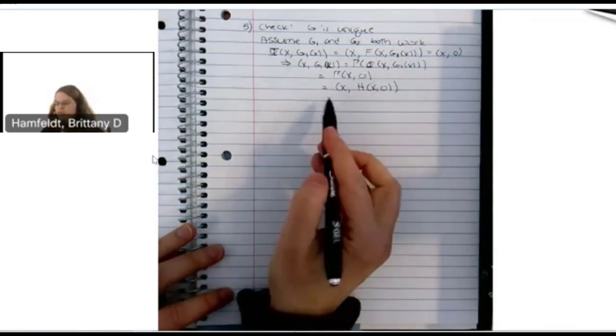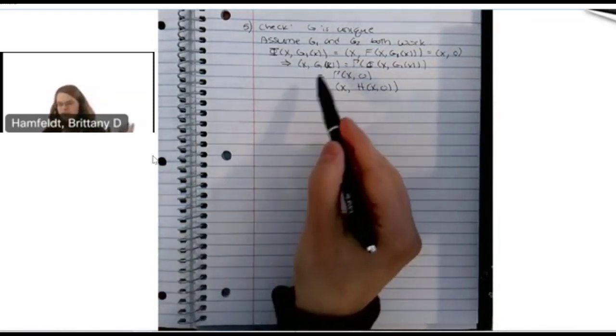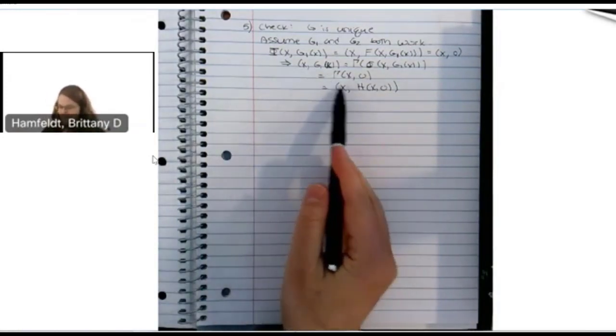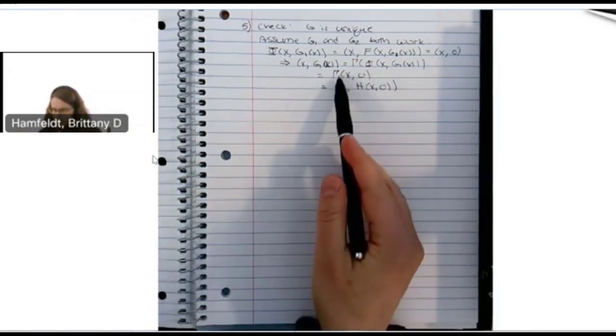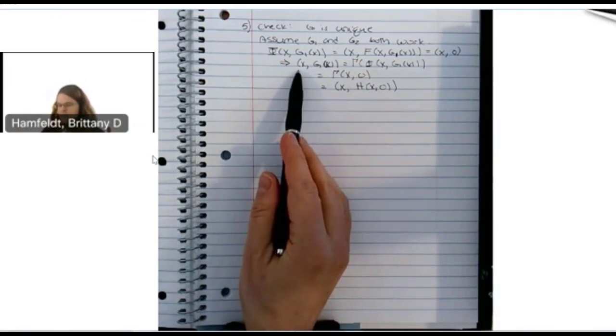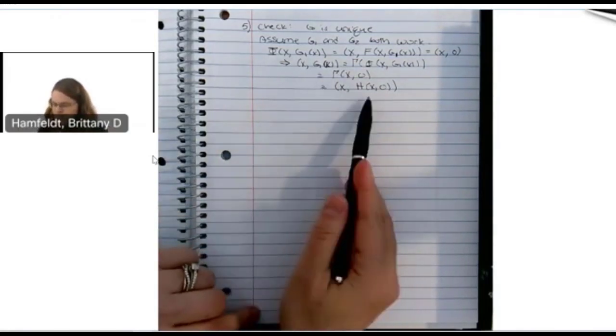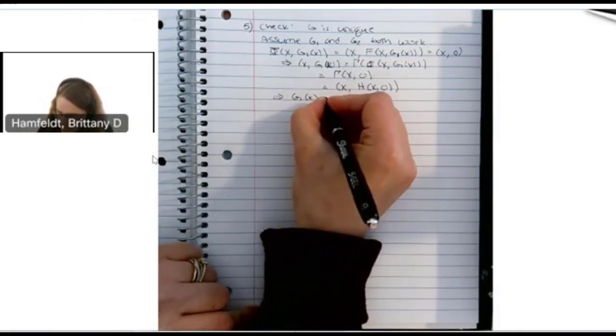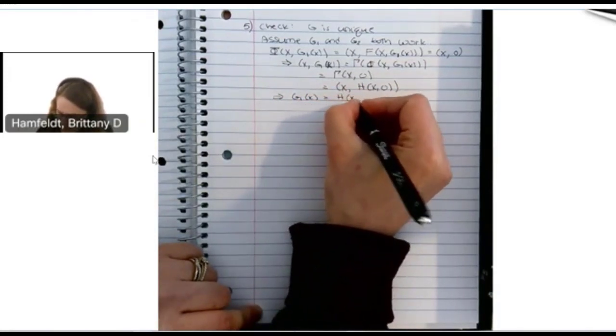Okay, this is probably what we expected to get back. This is how we defined our G to begin with. Now the question was, did we have to define our G that way, or is there some other way we could have defined our G that gives us these nice properties? But the inverse function theorem says, because this gamma is the unique inverse, when we compare things, we find that actually this G1 had to be h of x, 0.